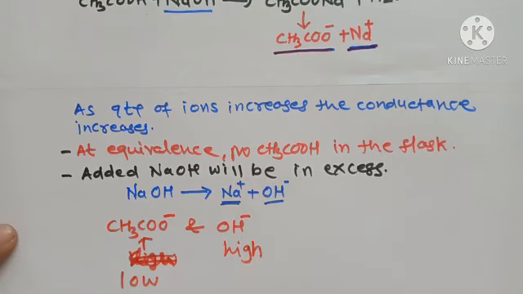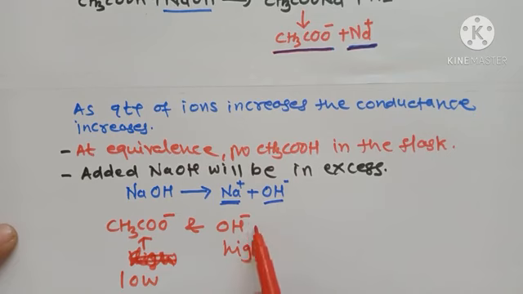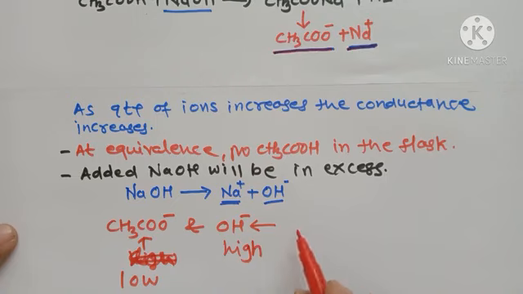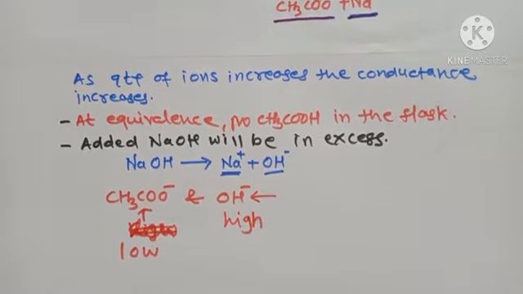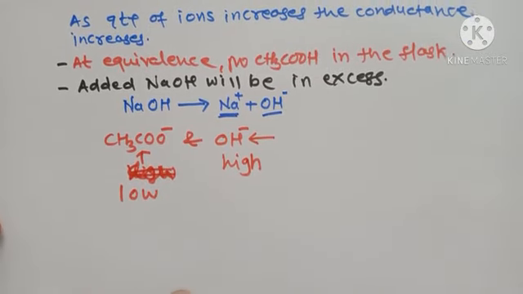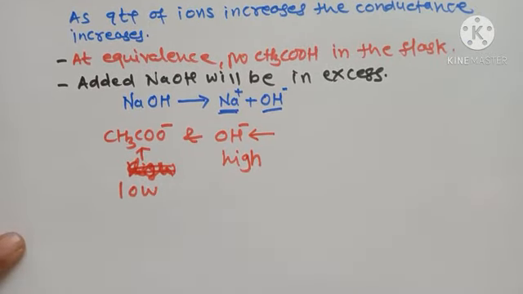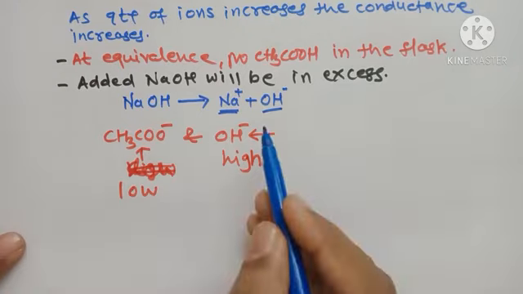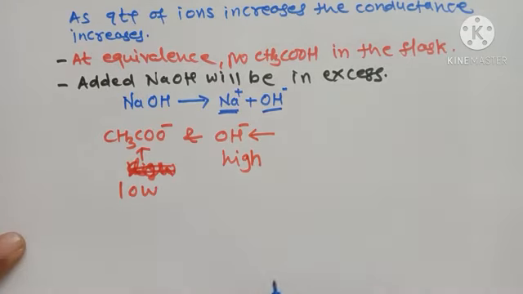Why is this so? Since acetate anion is larger in size while OH minus ion is smaller in size, the velocity of OH minus ion in the solution is high and hence it shows high conductance.